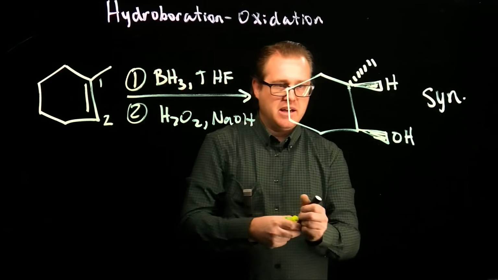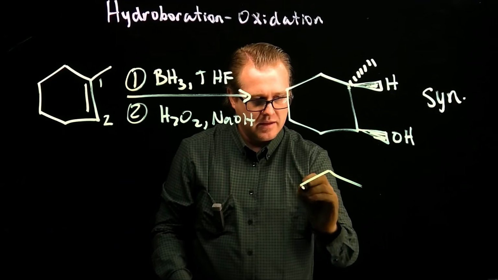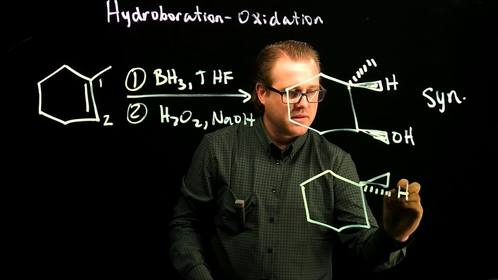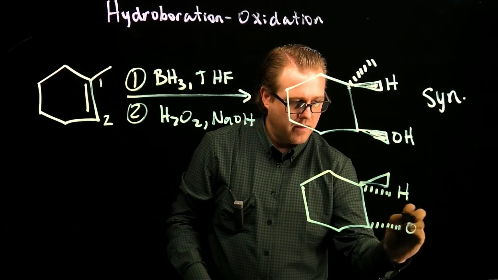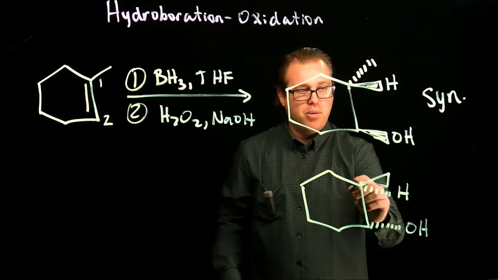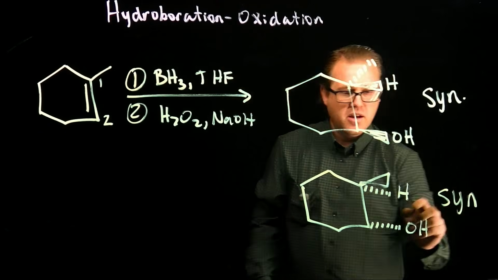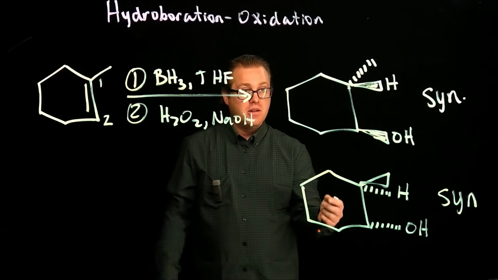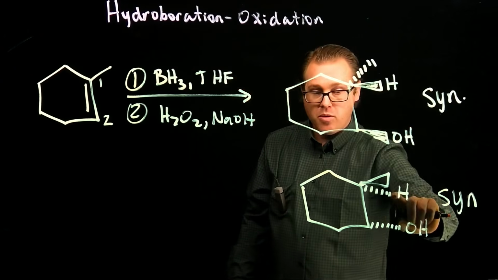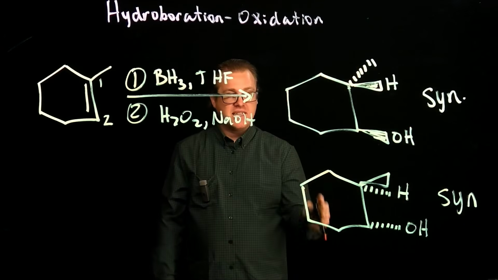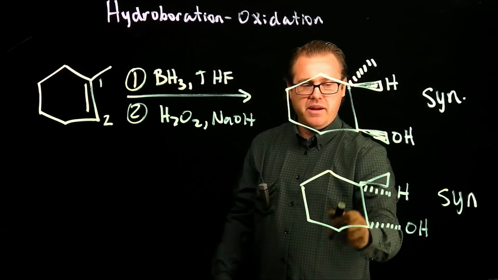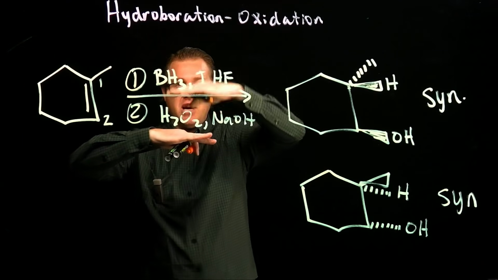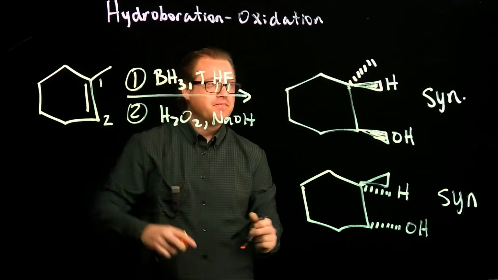And so if the reaction happens underneath my hand, then we would have something that looks like this. You can see that they're both syn-addition because the hydrogen and the alcohol are on the same side. They could either be both wedges or both dashes. They're both syn-addition. The only difference between these two is the approach of the reagents. Is it from the top or from the bottom?